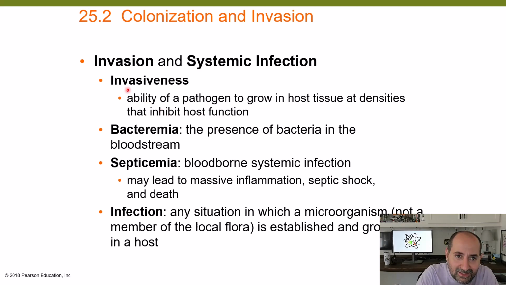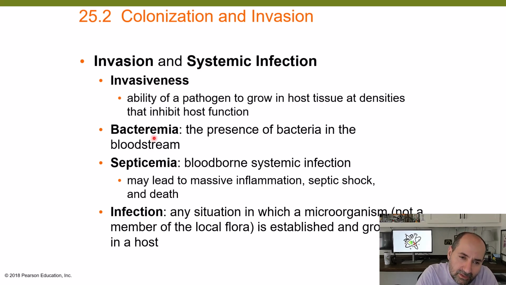And then invasiveness can be the spread of microbes from one tissue to the next. However, at some point, these microbes can find themselves in the blood, right? And they can go systemic. Systemic means usually microbes are in the blood, spreading throughout the body.